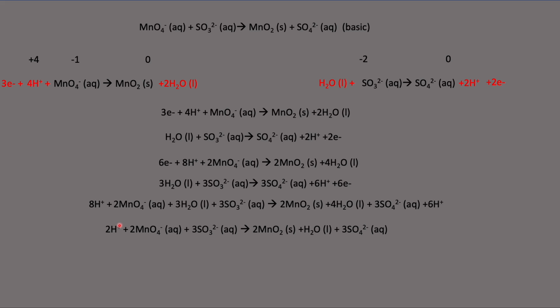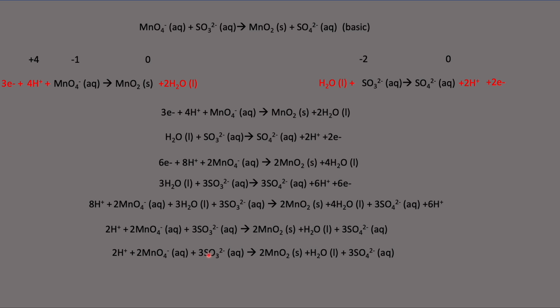So that's why we have 2 H plus ions on this side, because 8 getting rid of 6 is going to leave us with 2 on this side. Okay, gorgeous. The waters can also cross out. We have 3 waters here, 4 waters here. 4 minus 3 is going to leave us with 1 water on this side, which is what we see over here. So that's how we write it out now. It's a simplified version of it now.